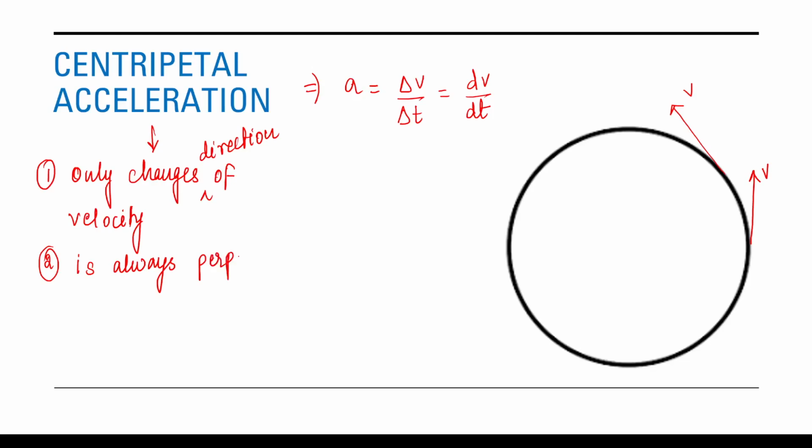That is why it can change only direction. If it is not perpendicular to velocity, it will end up changing speed also. We don't want the speed to change.